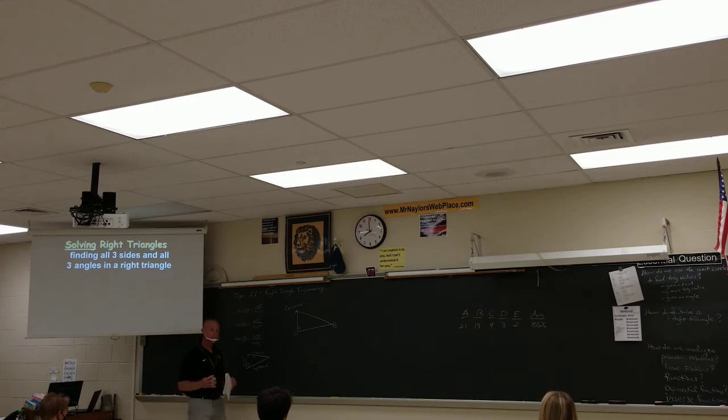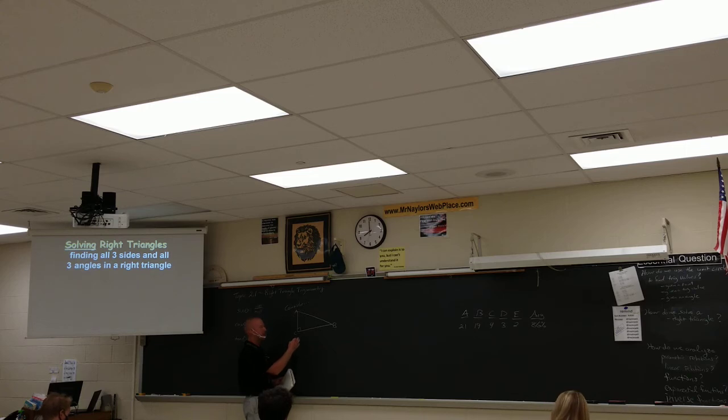Just remember that we typically call angles by capital letters in a polygon, and the sides would be lowercase letters that match up with the angles. So, of course, if angle C is right here, then side C would be across from it. Side B is across from angle B, and side A. Again, I'm using a similar method to what you would use in a geometry class.